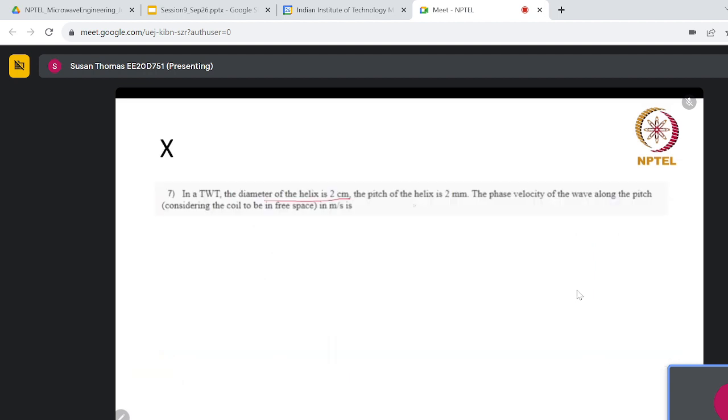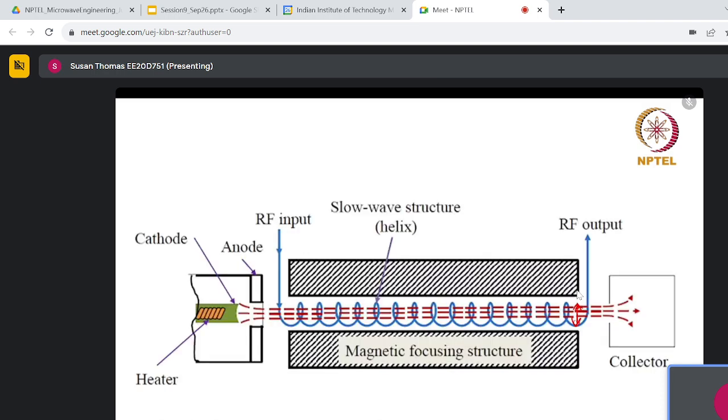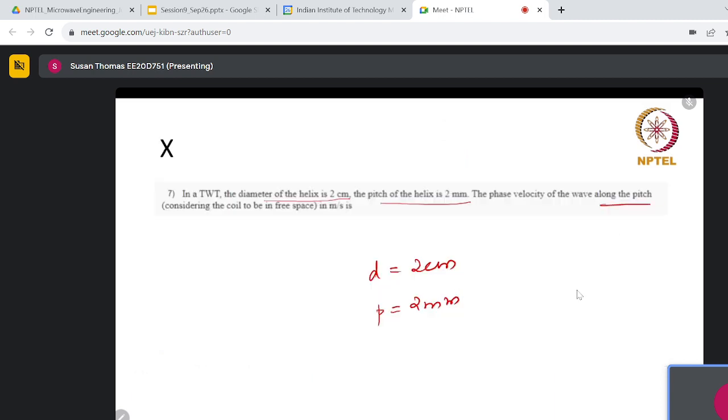And the pitch is also given. So diameter is given as 2 centimeter and pitch is given as 2 millimeter. The phase velocity of the wave along the pitch, remember, this is in free space. Assume that this is in free space, and we need to find the phase velocity along the pitch.